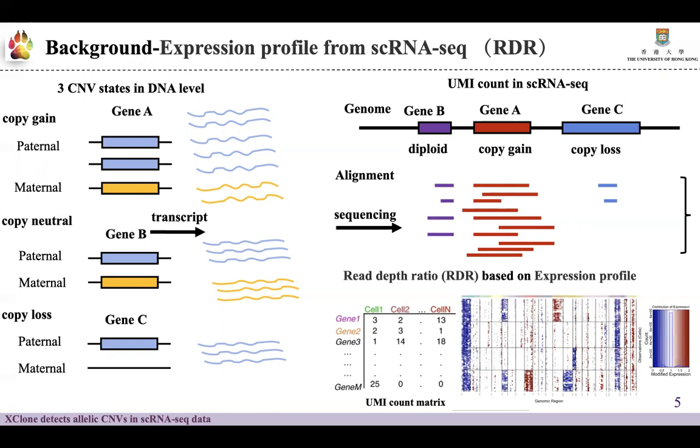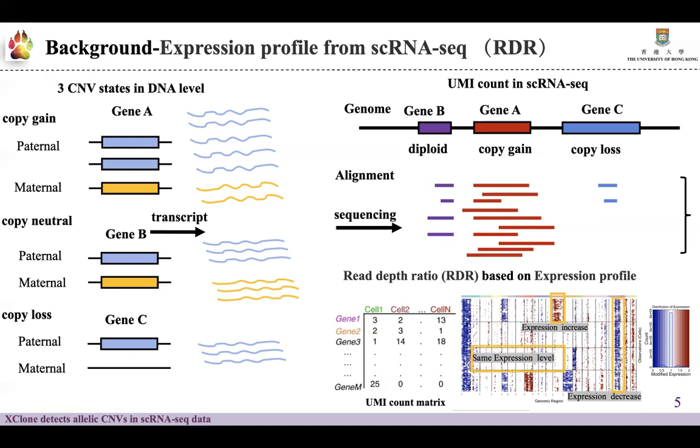Generally, copy number detection based on the expression profile compares the read depth with reference cells to get the read depth ratio. A read depth ratio higher than 1 means the expression increases, and less than 1 means the expression decreases.